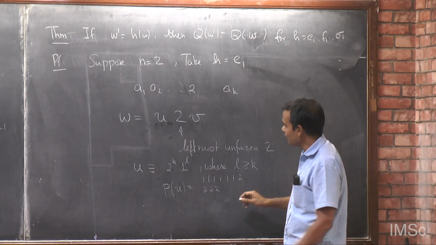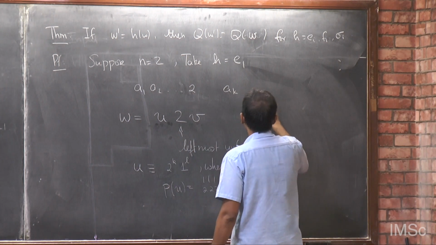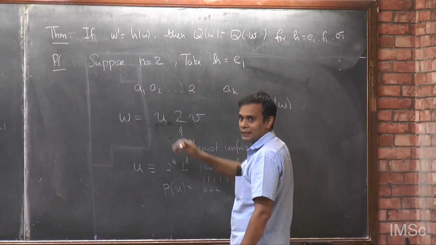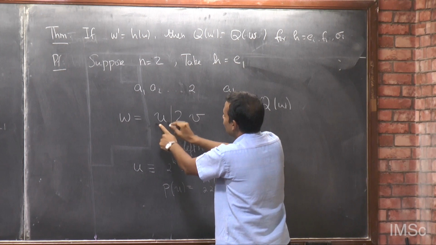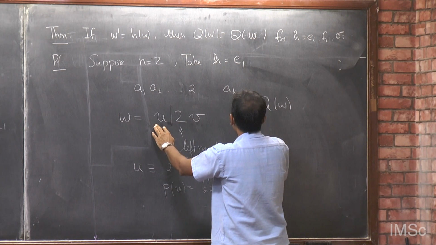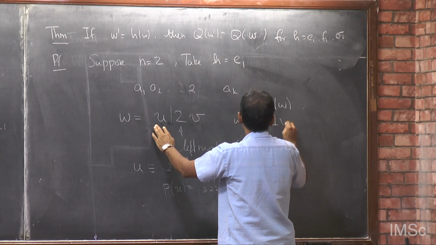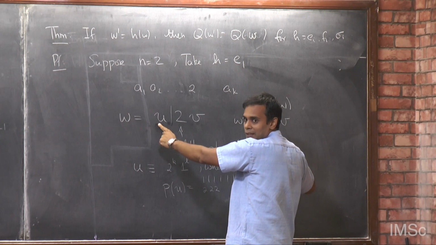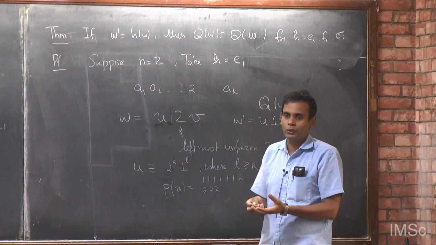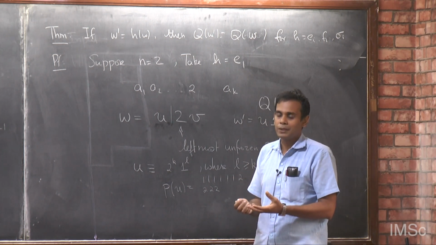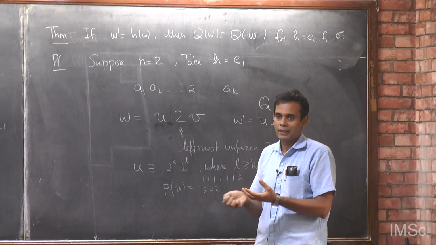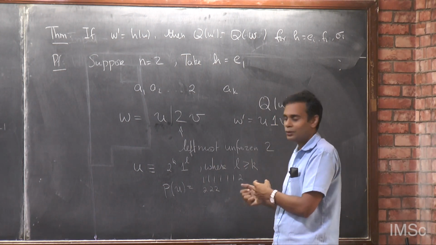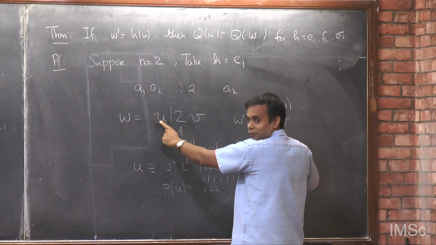So now we are looking at Q of W. So you are looking at the way the shape is increasing. So until this point anyway there is no difference, so W prime is U1V. Until this point there is no difference in the way the shapes are increasing. Remember, the recording tableau Q keeps track of how the shape changes each time you insert something, right. So if that box was added at the ith stage, you put an I in Q. So until this point anyway there is no difference in the Qs.